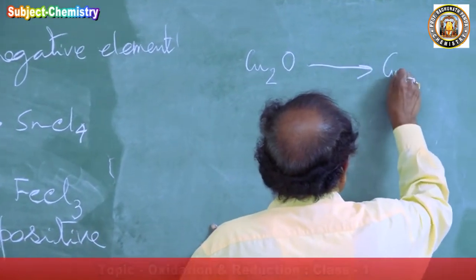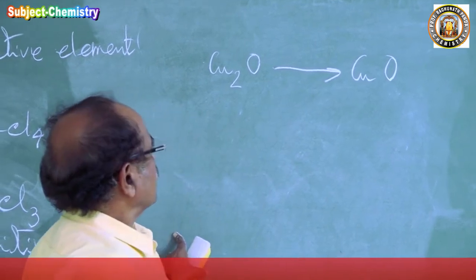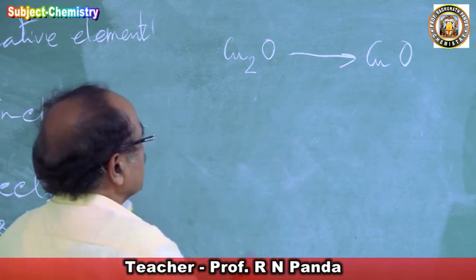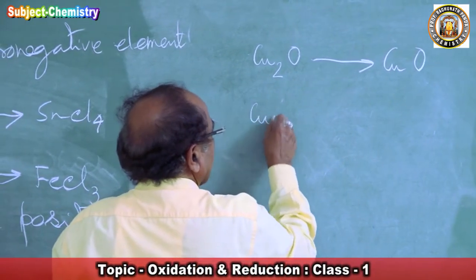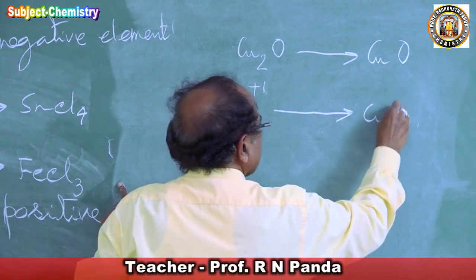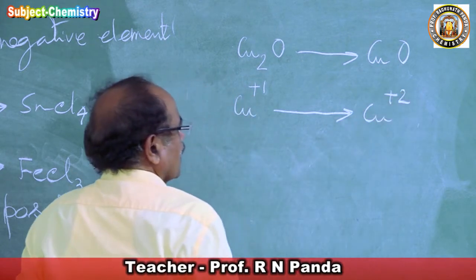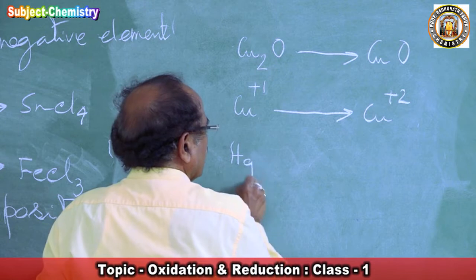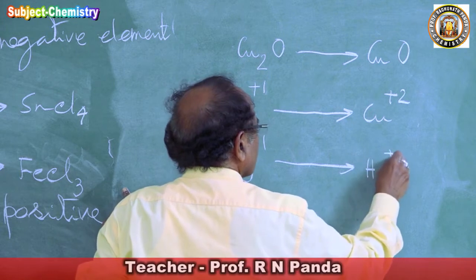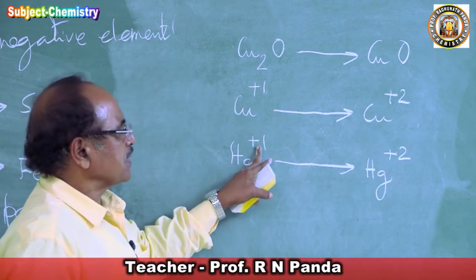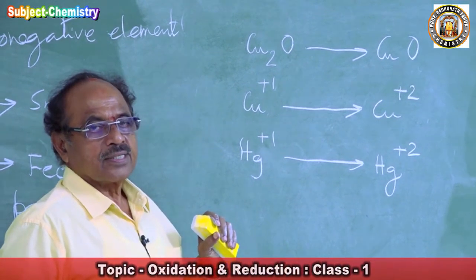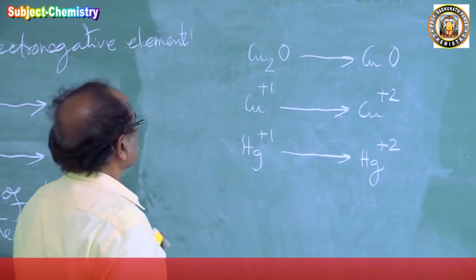This forms cupric oxide. So somebody will say, here is one oxygen, here is one oxygen. No, what was there here? Cu2O. Here the positive valency state of copper was 1, and here the valency has become cupric 2. Or we have mercurous 1 and this becomes mercuric 2. So here the positive valency state is increased. So we say that this is also oxidation.